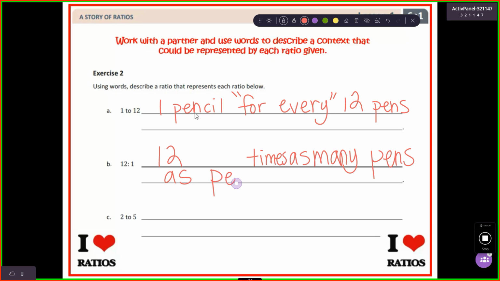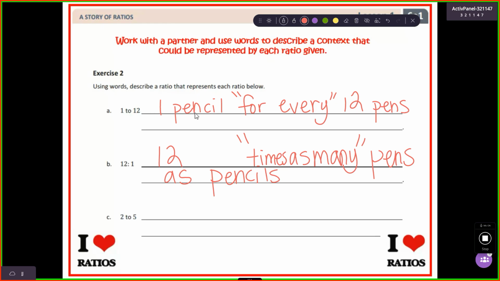Pencil. Do I have to put 1 pencil? Ooh, that took me a second to think about. So I just wanted to remind you that times as many is also representing a ratio. Okay? And 12 times as many pens as pencils means that pencils is representing what? 1. I do. We do.